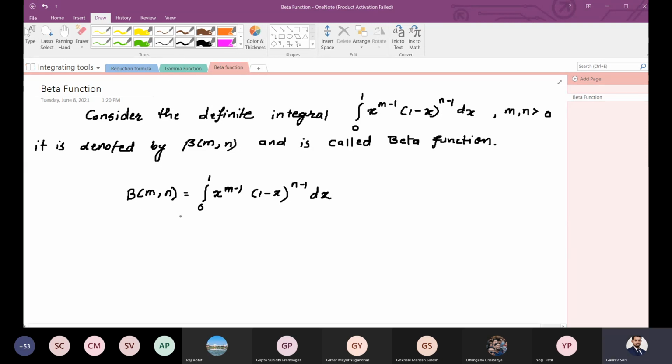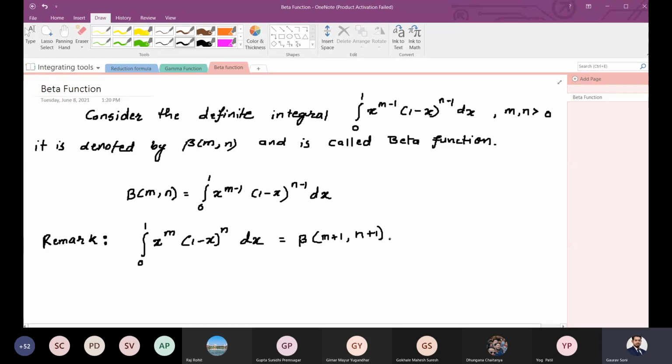Before I go further, let me tell you again that the beta function is an integration tool for finding different integrals. So we will write down the remark on the way we have to use it. Whenever we have an integration 0 to 1 x raised to m, 1 minus x raised to n dx, this is going to be beta of m plus 1 comma n plus 1.